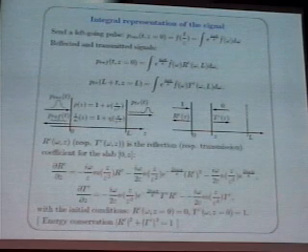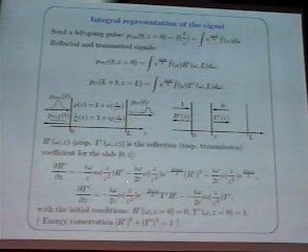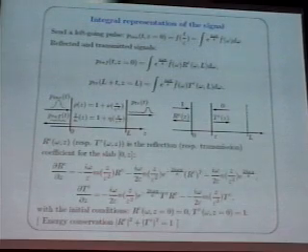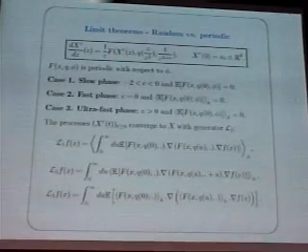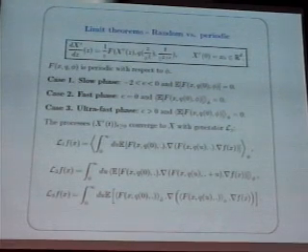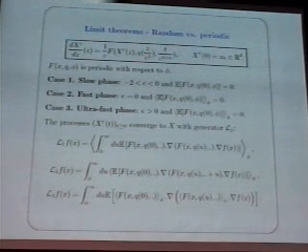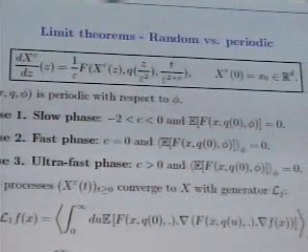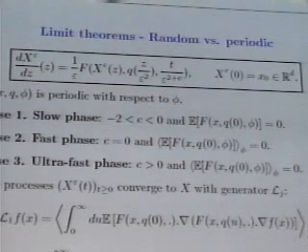So you have three scales: 1, the propagation distance; epsilon squared, the random components; and epsilon, the wavelength. So what you need is to apply such limit theorems where you have both random components and periodic components. But you can do it. This is just computations, algebra, and probability theory.